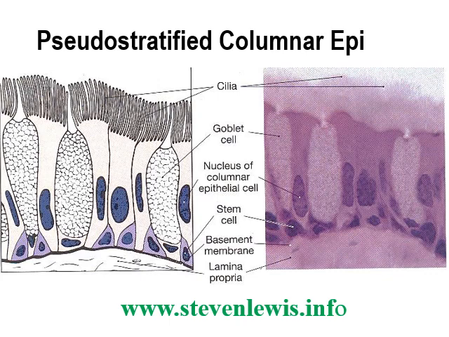Pseudo-stratified columnar epithelium appears to contain more than one layer of cells. However, the cells all have a common baseline, although many cells do not reach the free surface. Consequently, this epithelium is labeled pseudo-stratified.